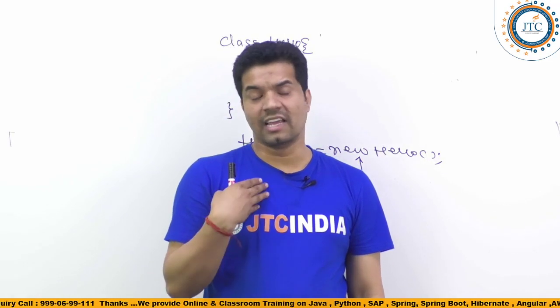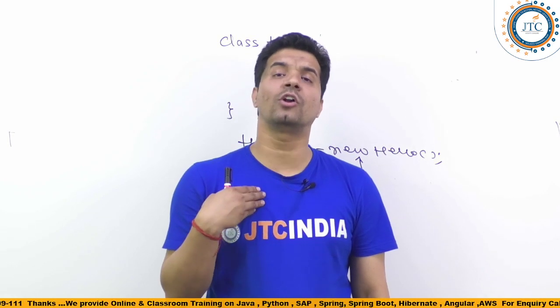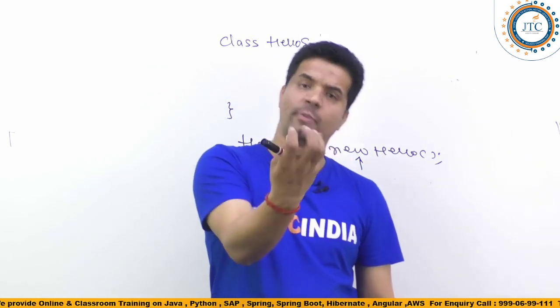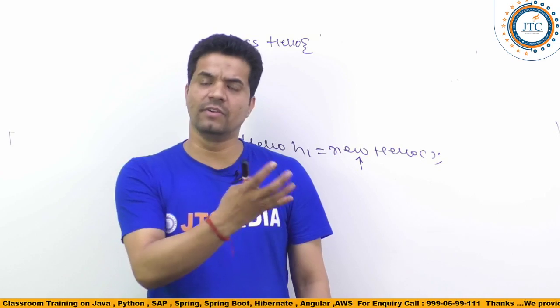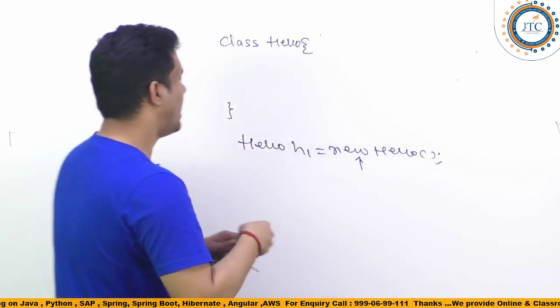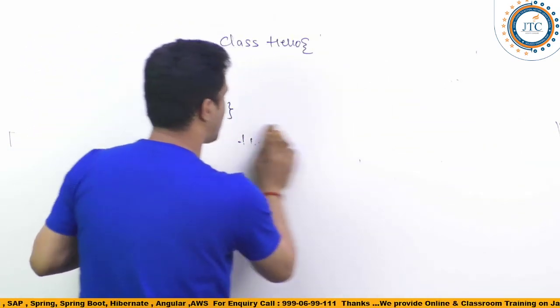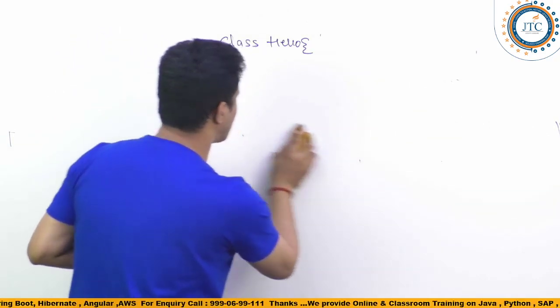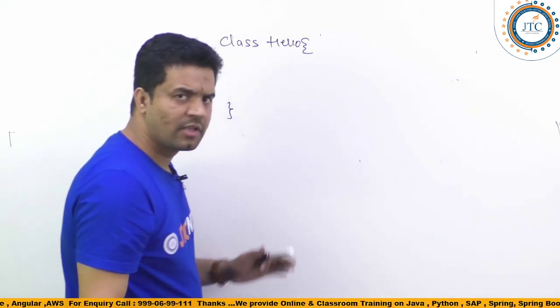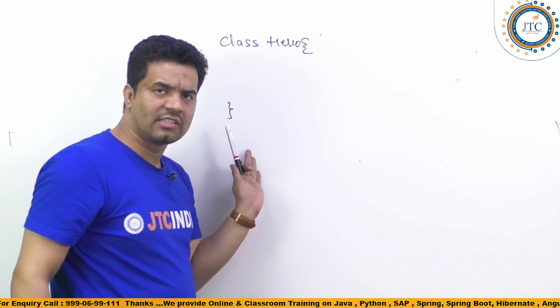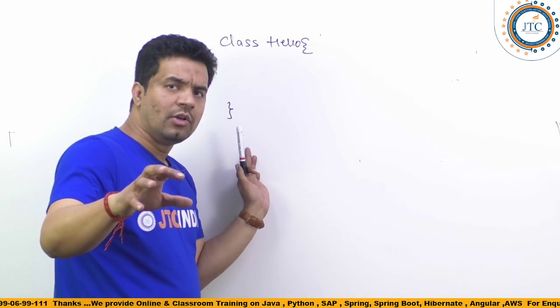But I have one serious concern: people should not be able to create their own copy of the object. I have written one Hello class, and maybe some important things inside it.